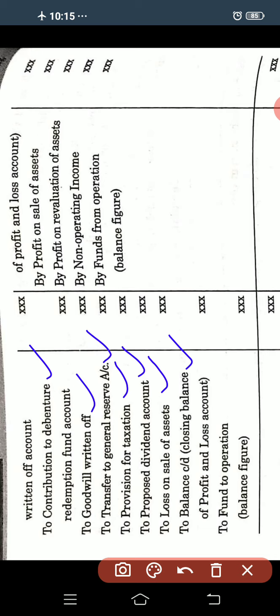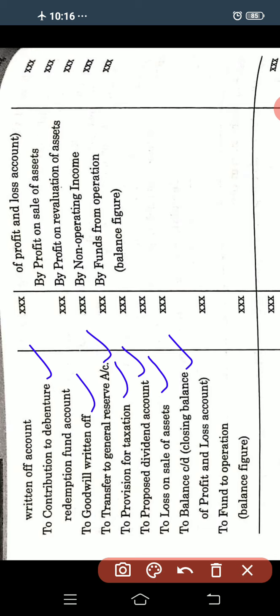This closing balance means, if in the problem they have given 2 years' balance sheets, 2014 and 15, then the 2014 net profit will become the opening balance, and the 2015 net profit will become the closing balance here.